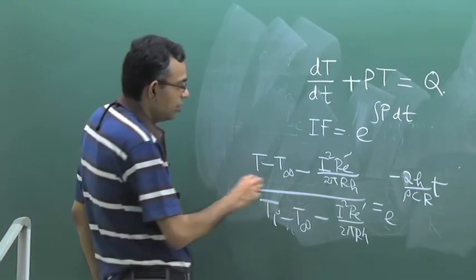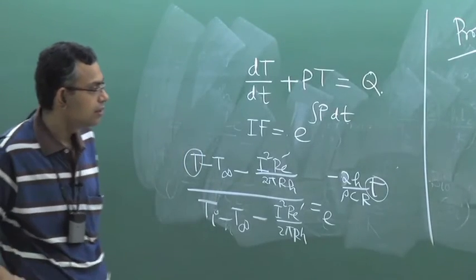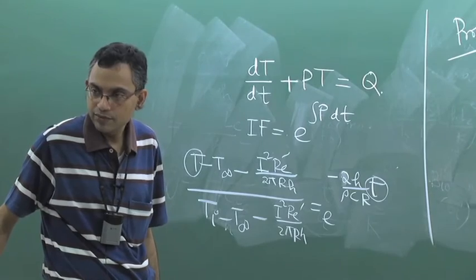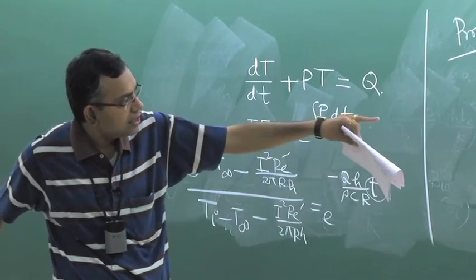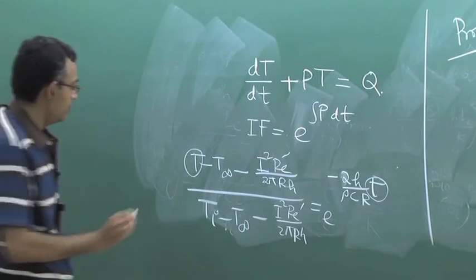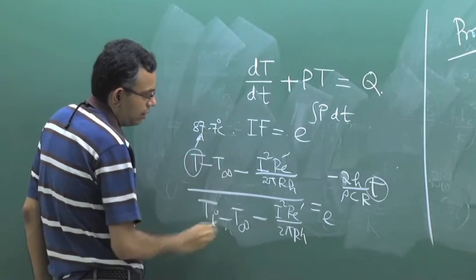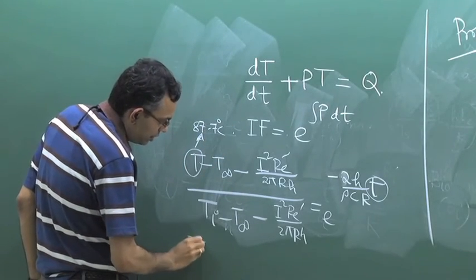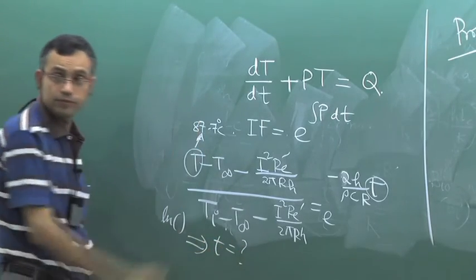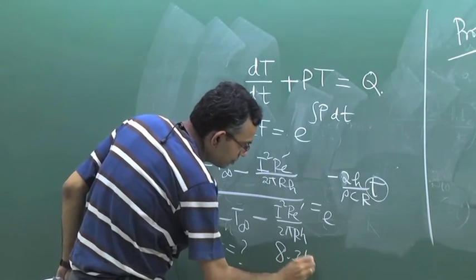Now you have to find out the time at which this temperature becomes 1 degree less than the steady state temperature. The steady state temperature is 88.7, so that will be 87.7. And then you take log of both sides and find out what is the time. The answer is 8.31 seconds.